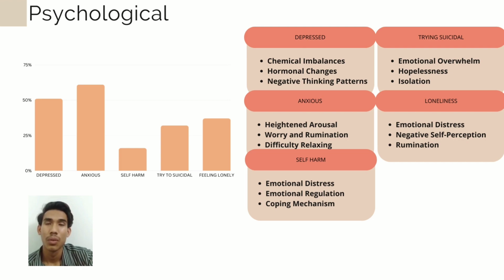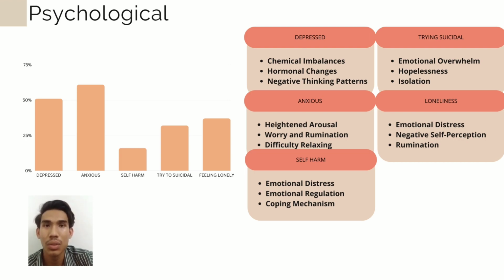Why? Because of emotional distress. Loneliness often leads to feelings of sadness, emptiness, and emotional pain. These emotions can be stressful in themselves and can also exacerbate existing stresses. And then is negative self-perception. Loneliness can lead to negative self-perception and beliefs such as feeling unlovable or socially inadequate.